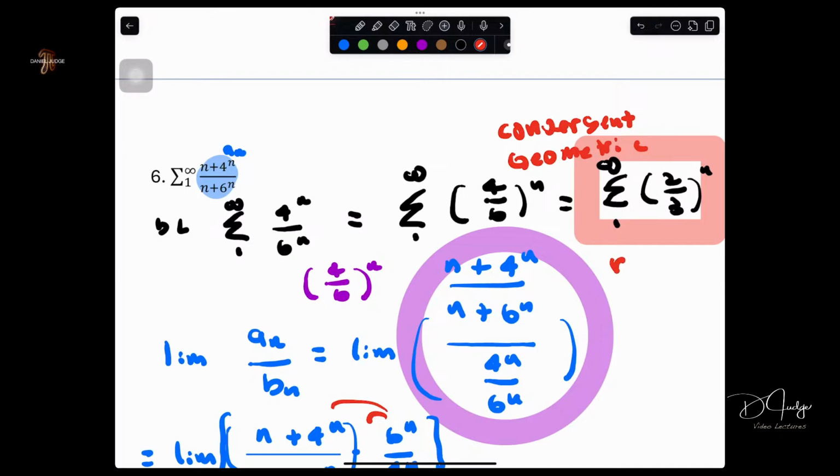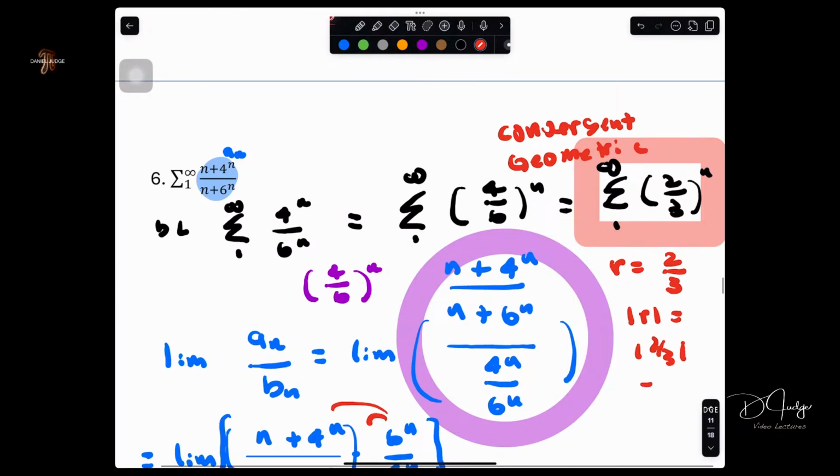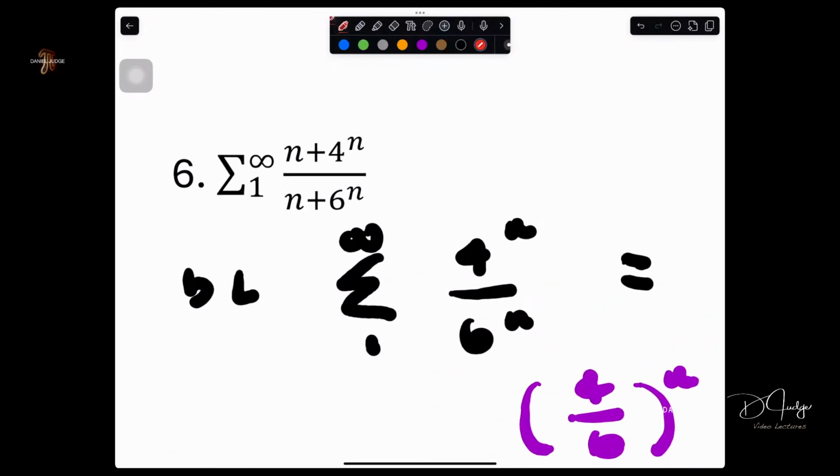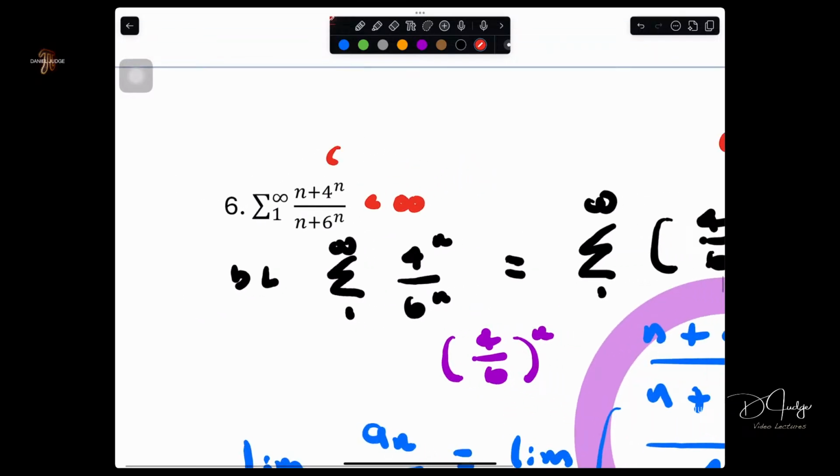That's because your r will be 2/3, and the absolute value of r, which is the absolute value of 2/3, equals 2/3, which is less than 1. So that means this original series in number 6 also converges, we'll say, is less than infinity. The series converges by the limit comparison test.